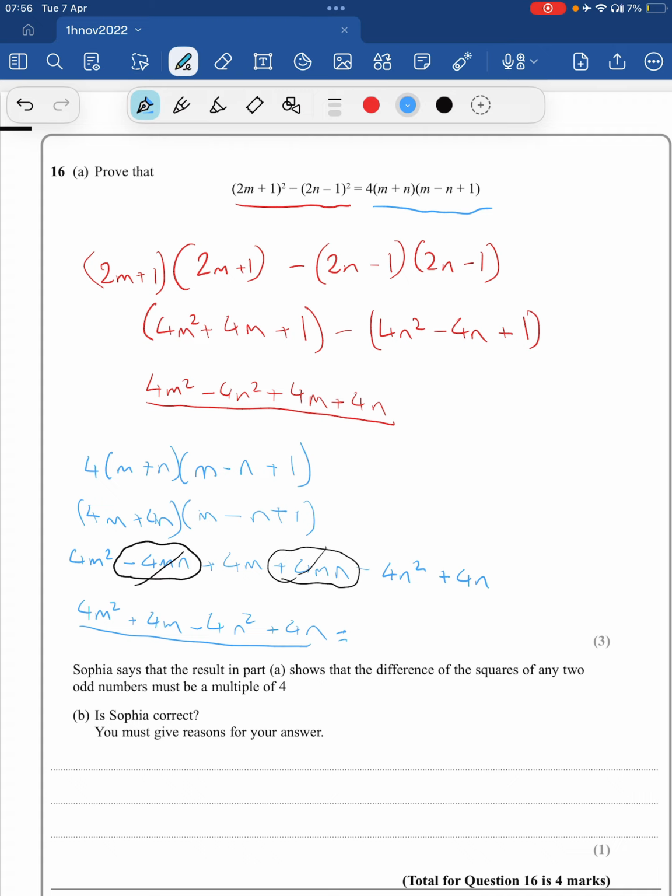Let's just write it in the same order we had, so 4m squared minus 4n squared plus 4m plus 4n. It does not necessarily have to be in the same order. I think it's just easier for us to show, and therefore they are equal.